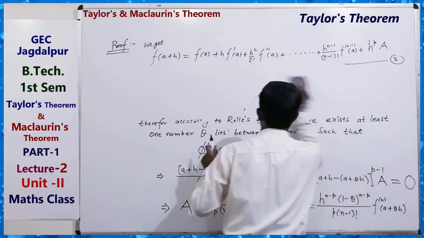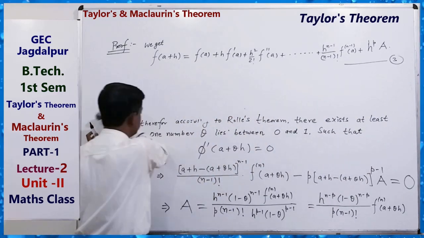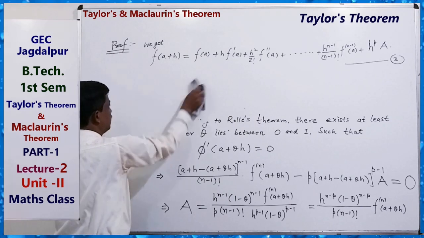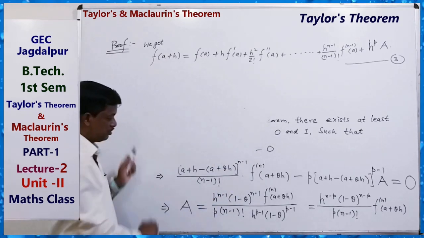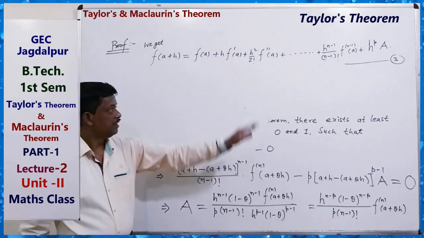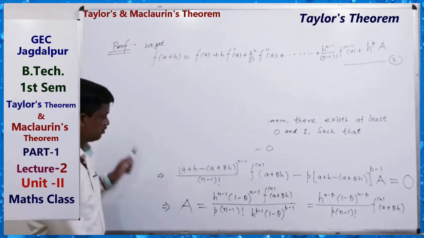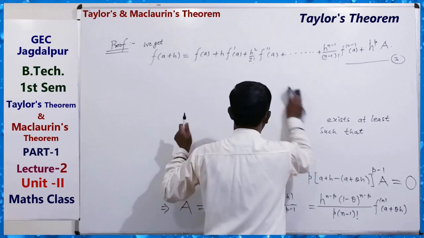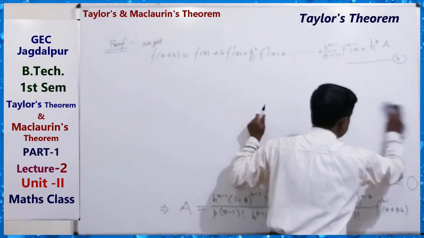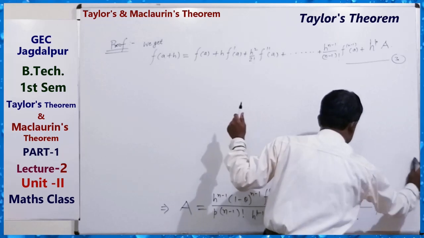This is the proof of our Taylor's theorem. If we put the value of the constant in equation third, then we get Taylor's theorem with the remainder as the last term.